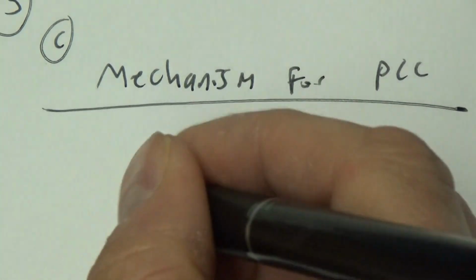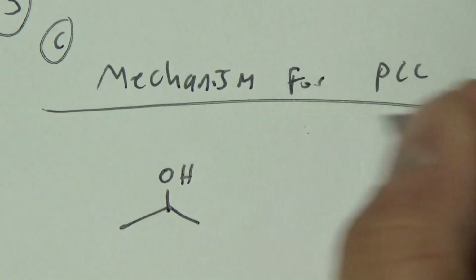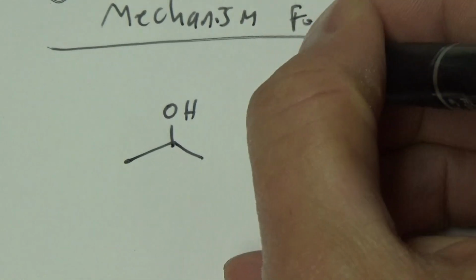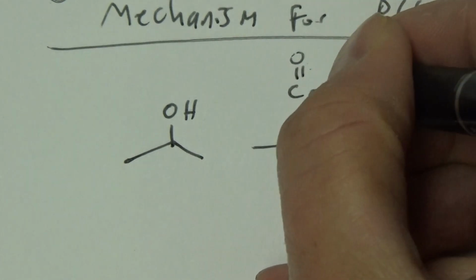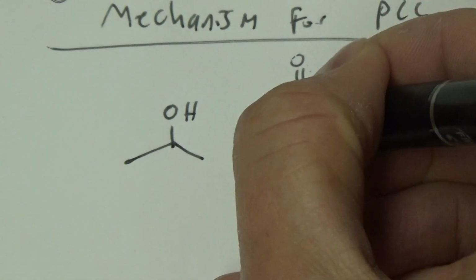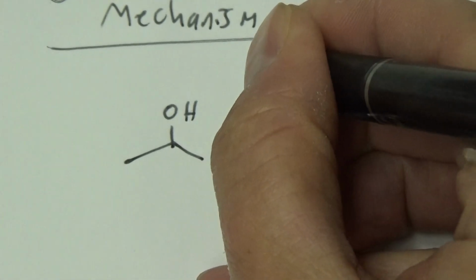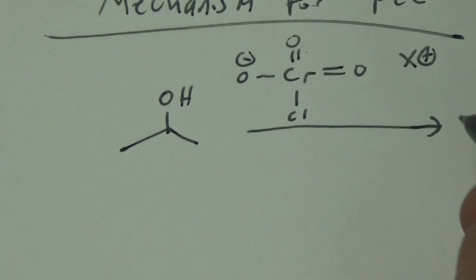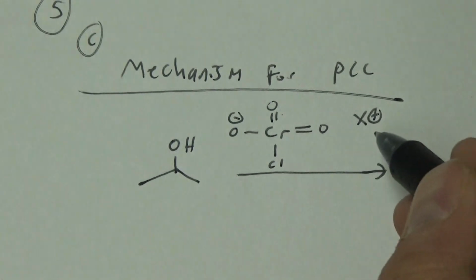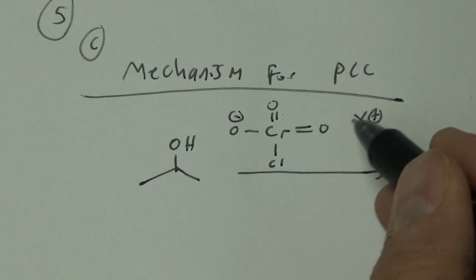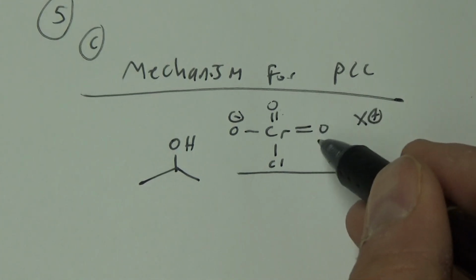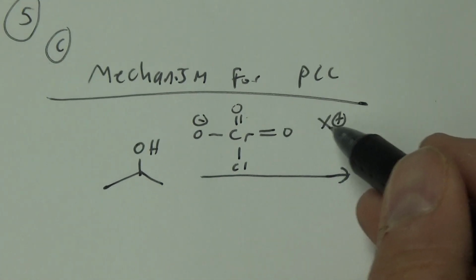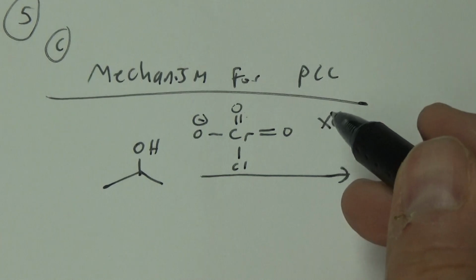So I am going to just use isopropyl alcohol. The only difference, of course, is very subtle in the structure of the reagent. You have chloride, O minus, and then we have something called X plus, which is, if you remember the structure of PCC, that pyridinium thing, the benzene with the nitrogen and the hydrogen. So look back a few slides and end of last lecture, and you'll see the structure of what this X plus is. It's just a counter ion.